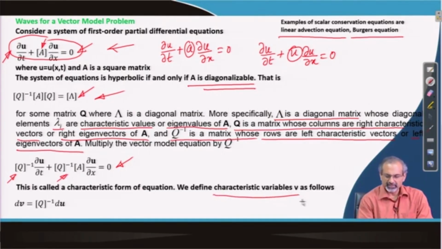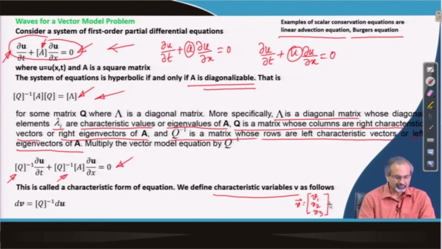So, there is going to be a vector comprised of characteristic variables, say having the components v1, v2, v3, like you have u1, u2, u3. How are the characteristic variables defined? They are defined using this equation. So, dv is Q inverse du, which also means that du is Q dv.